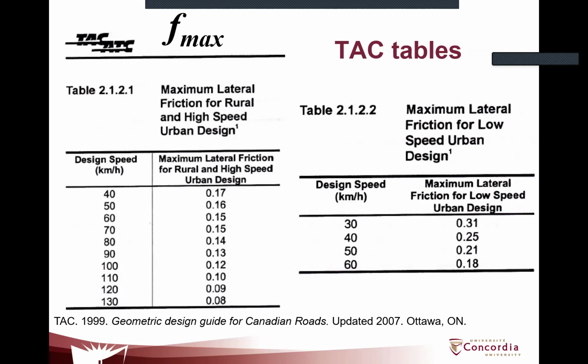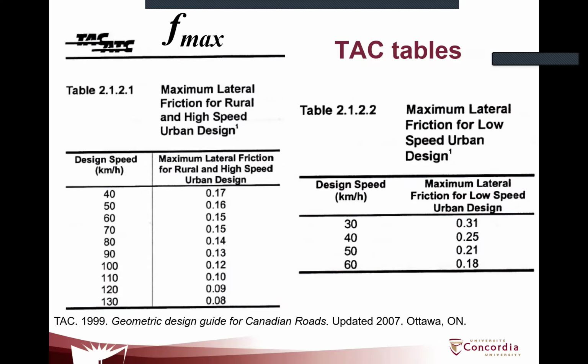Quickly, as you go from 100 to 130 kilometers per hour, your maximum lateral friction drops even further to 0.08. So these are the maximum values that you can utilize in your design. That one is for high-speed urban design.